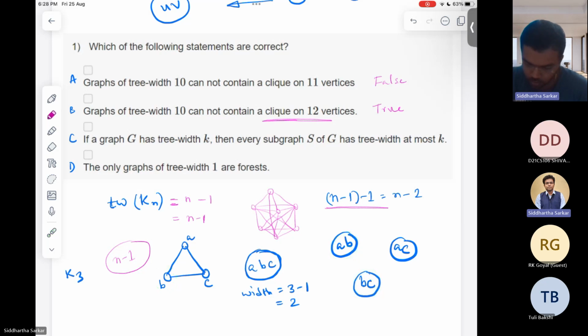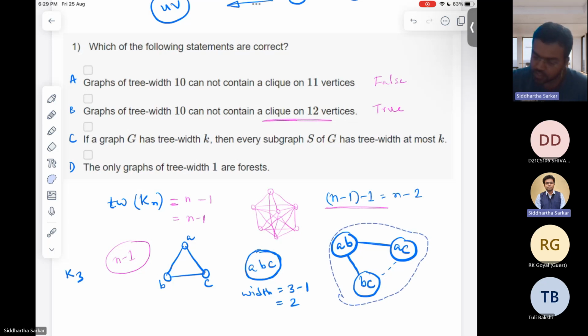So the bags containing A, AB and AC, should have a connected path between them. So there must be an edge this way. Similarly, for the bags containing B, there should be an edge. Similarly, for the bags containing C, there should be an edge, but we cannot draw that because we want to make sure that the resulting structure is a tree.